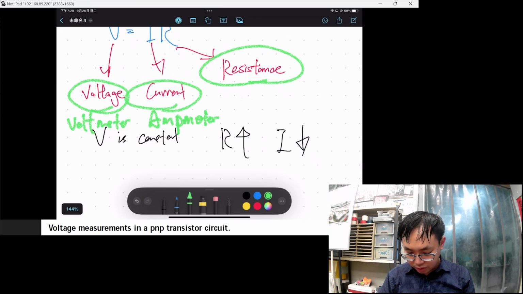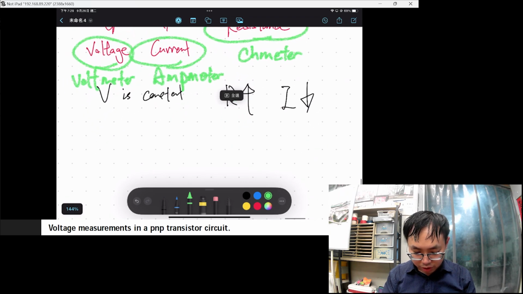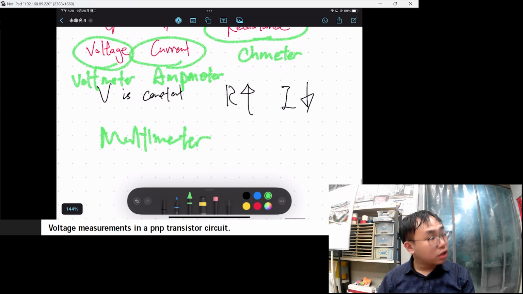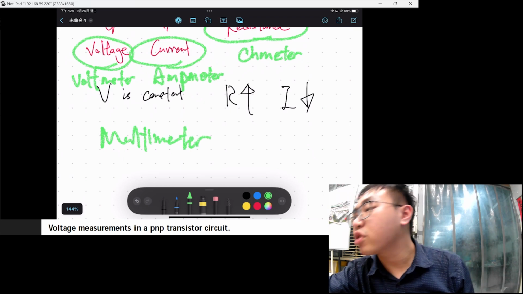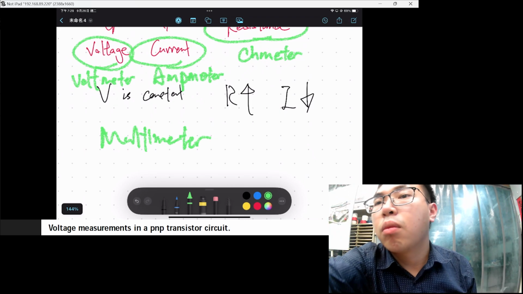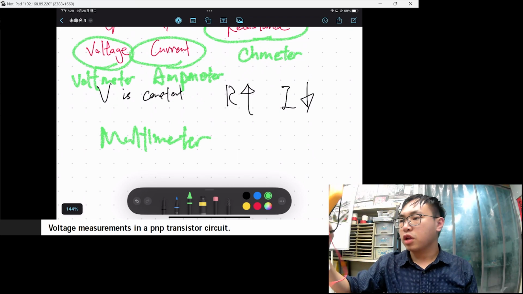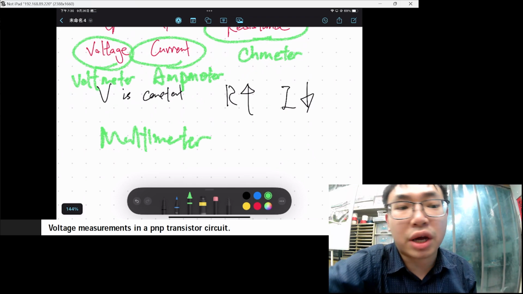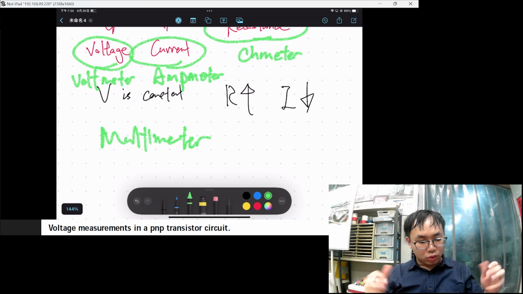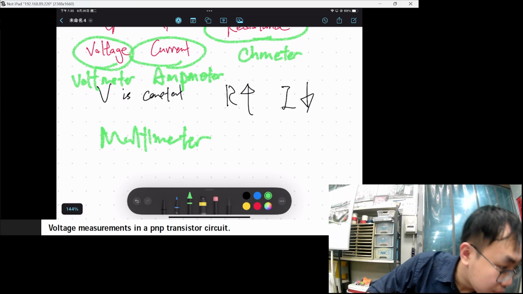Resistance is an ohmmeter. But most of the time we are talking about the multimeter, which is the one I just showed you earlier. This one is a digital one. They don't have a battery inside, so I can show you how to use it.